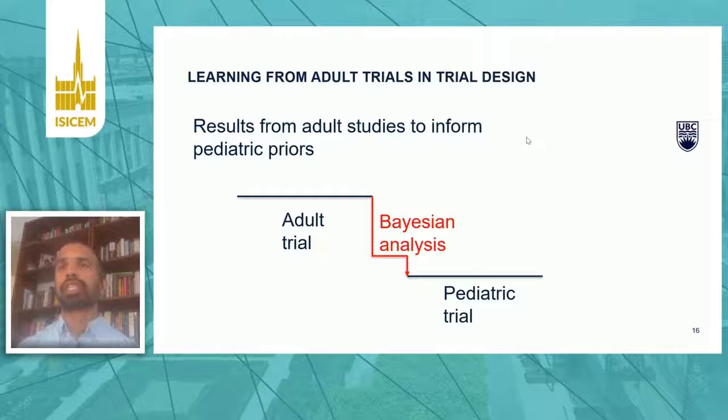And so in a schematic way, an adult trial gets performed. That data undergoes a Bayesian analysis to inform your pediatric trial so that you can start the pediatric trial with priors that are data informed and not just opinion.